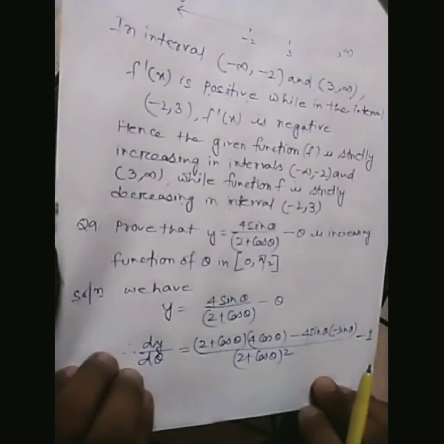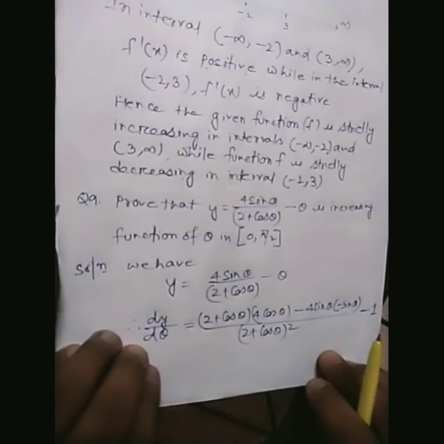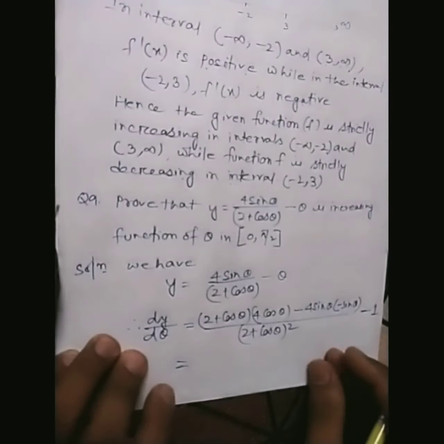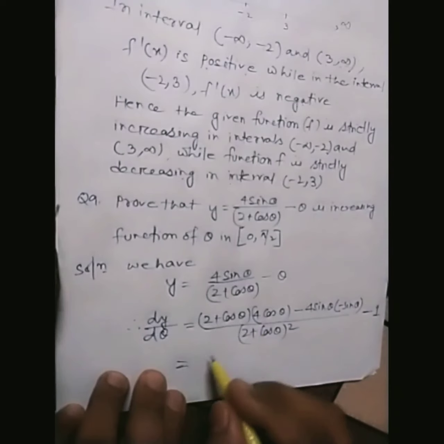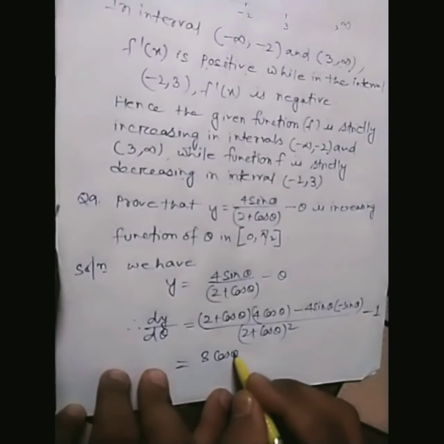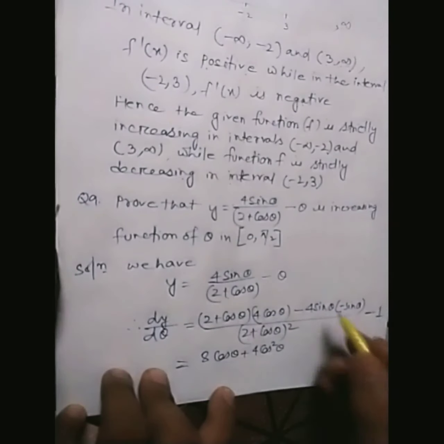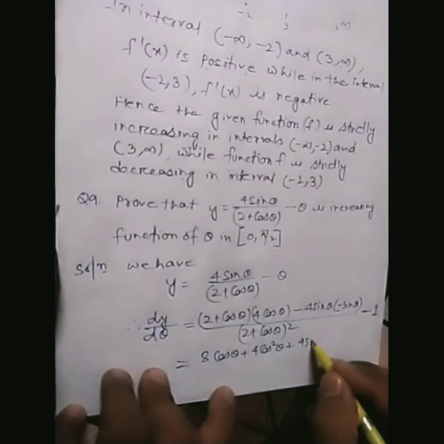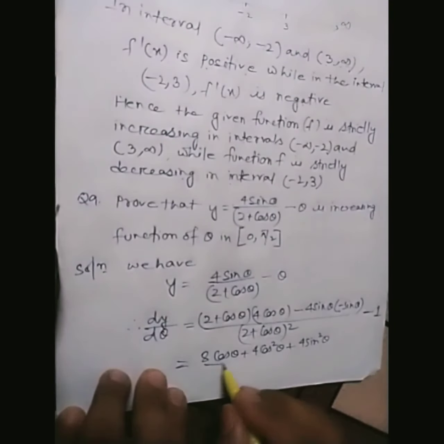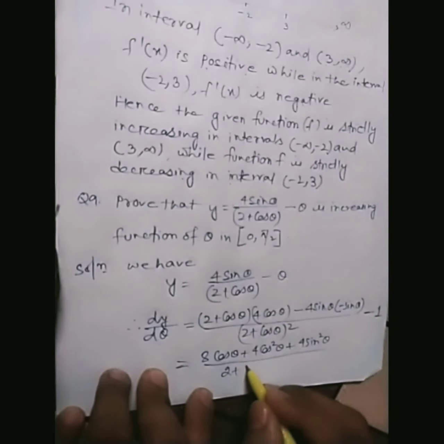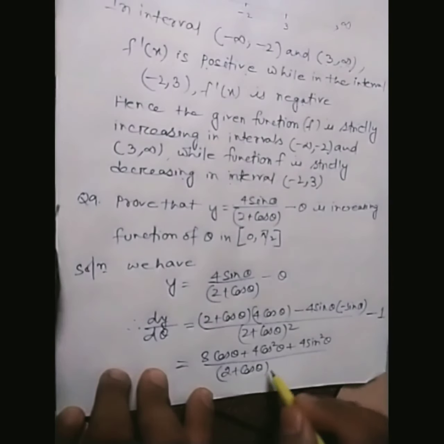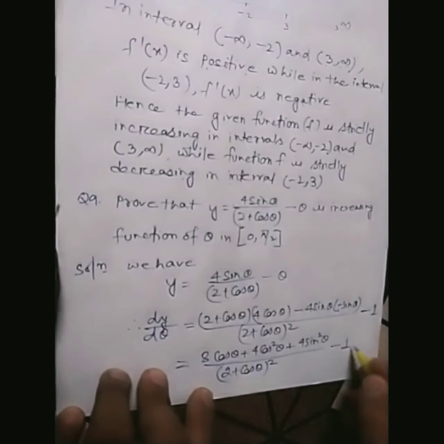This is equal to 8 cos theta plus 4 cos square theta plus 4 sin square theta, divided by 2 plus cos theta whole square, minus 1.